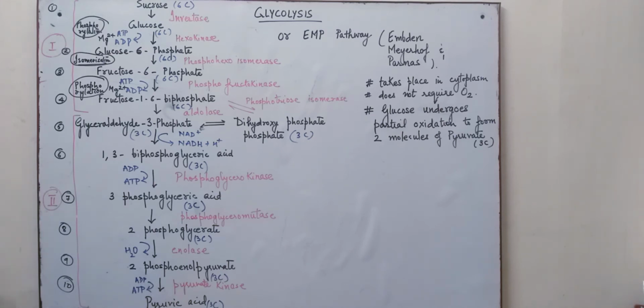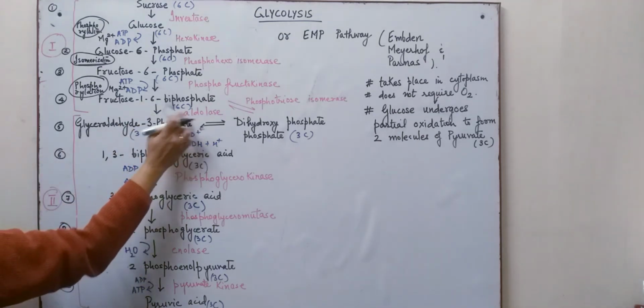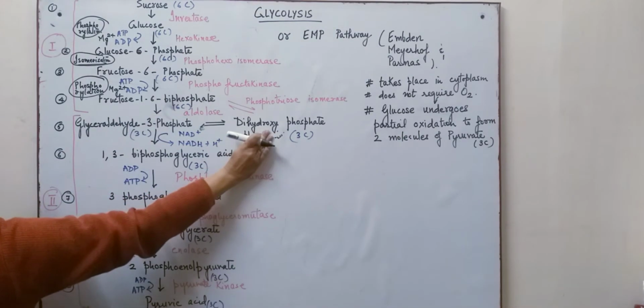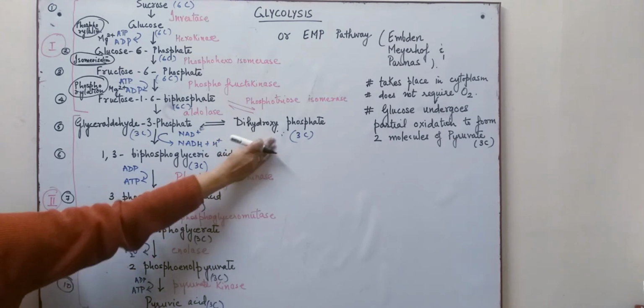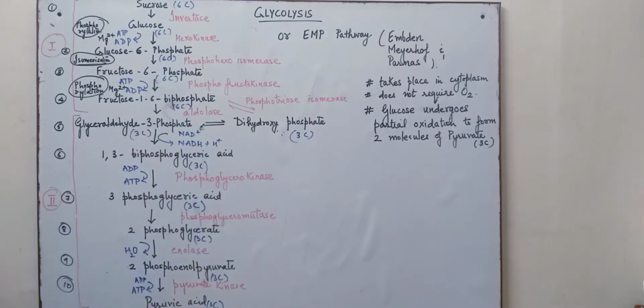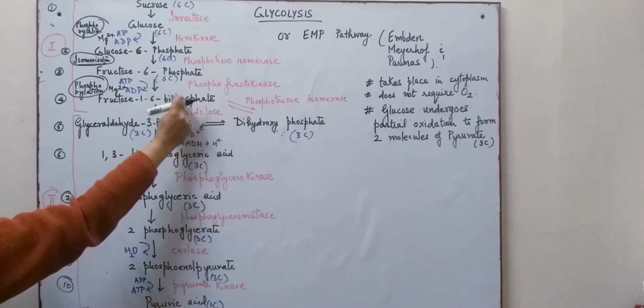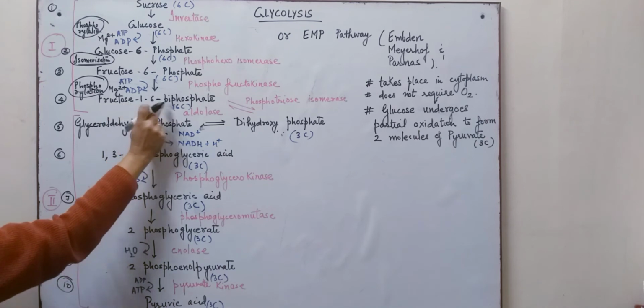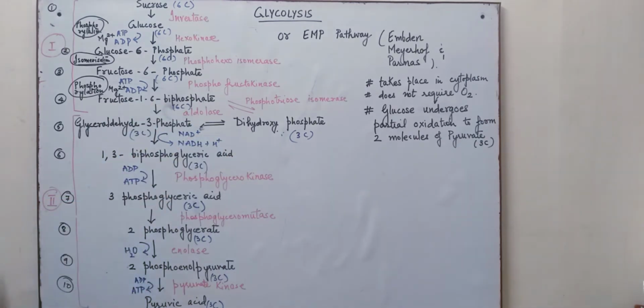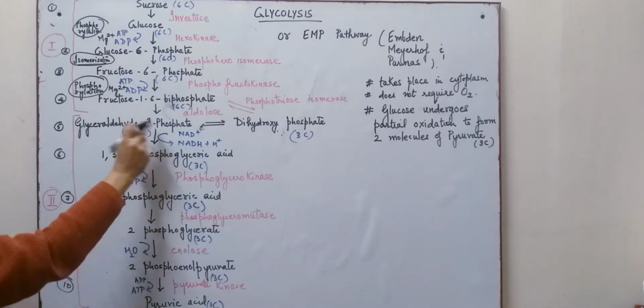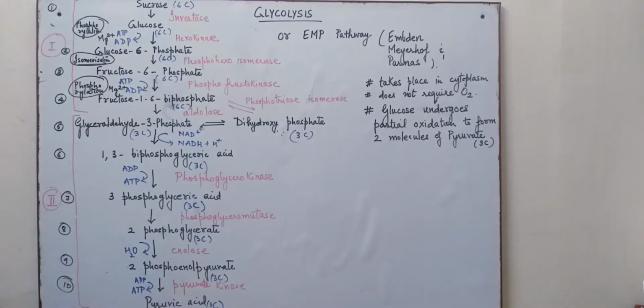Now this is the 6 carbon atom has been broken down into 2, 3 carbon atom structures, and these are interchangeable in presence of enzyme aldolase. Here the enzyme phosphotrisoisomerase is also responsible for converting fructose 1,6 biphosphate into dihydroxyphosphate and glyceraldehyde 3 phosphate.